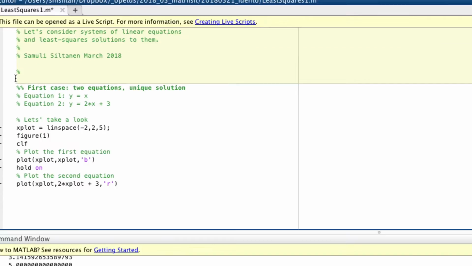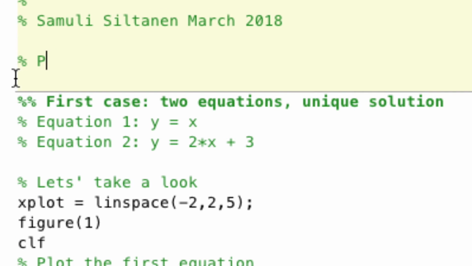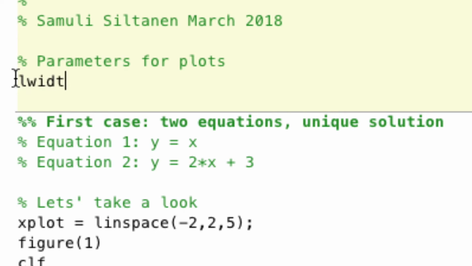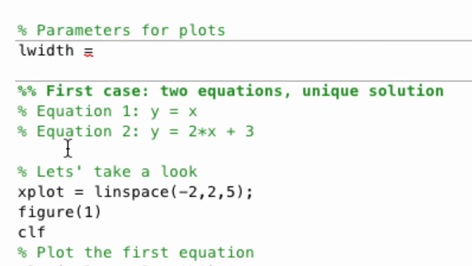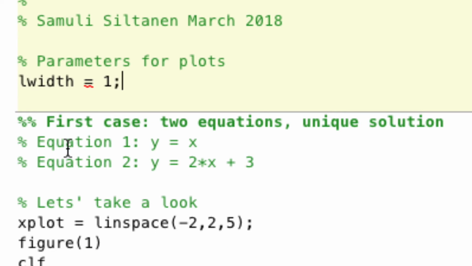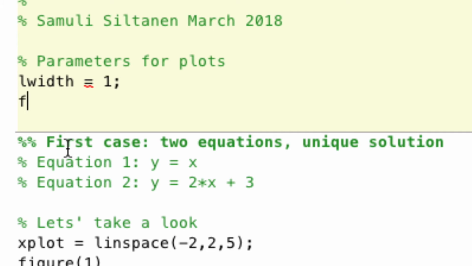So let's write here parameters for plots, and let me choose a width for the lines. Let's take that one, and then font size, let's say 16, and let's see what happens.